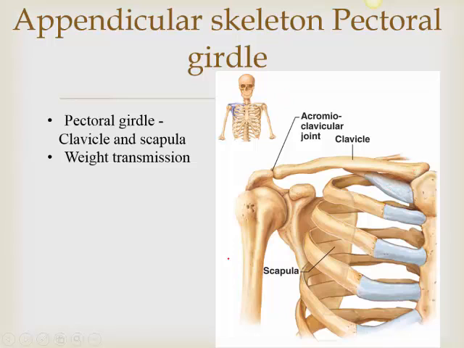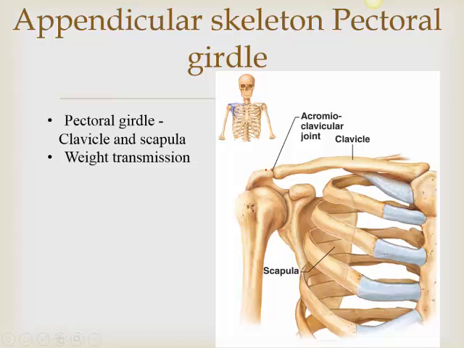Imagine you are carrying some heavy weight with your hand. The weight will travel from your wrist up your forearm into your arm. From the shoulder, from the humerus, it will go to the scapula. And then it can't go to the axial skeleton, so it has to go some way.